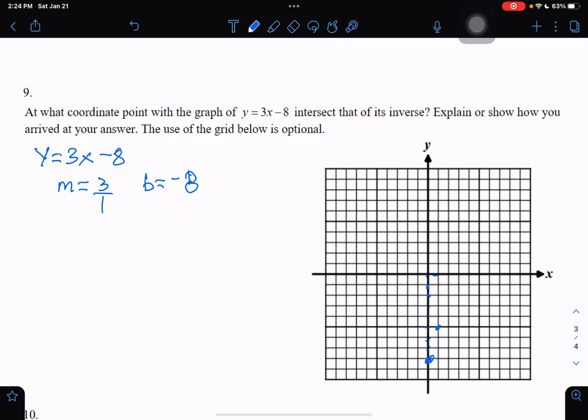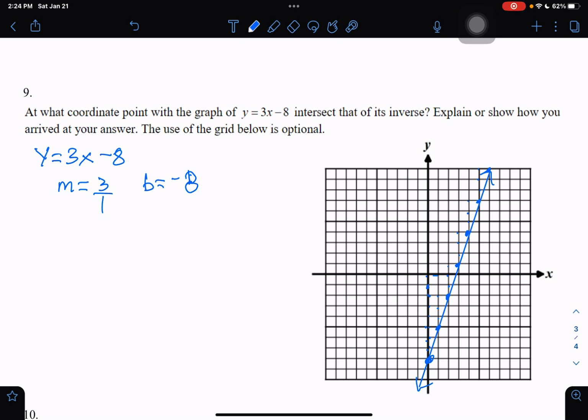Up 3 over 1, up 3 over 1, and again. So this is the line of y equals 3x minus 8.